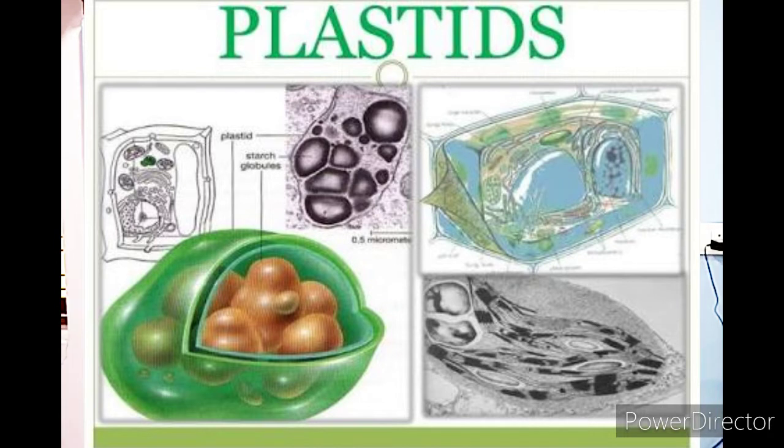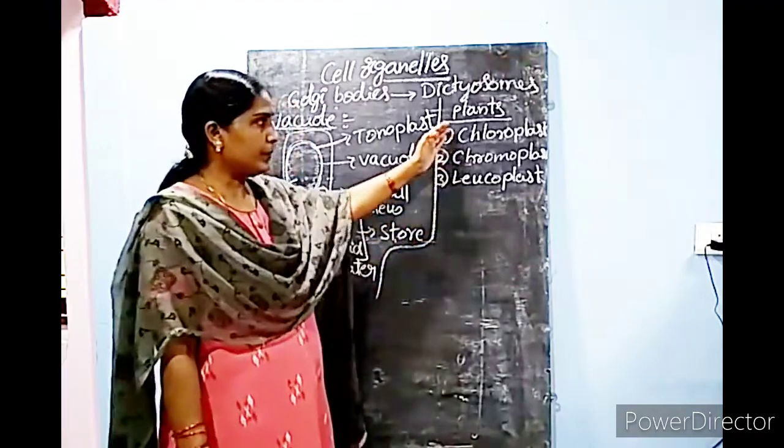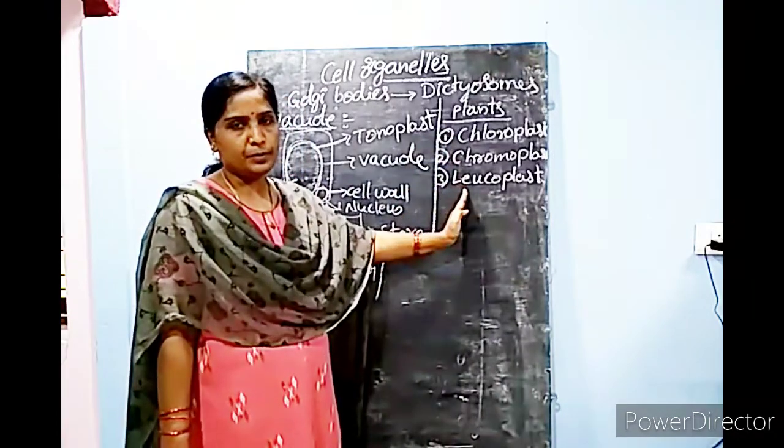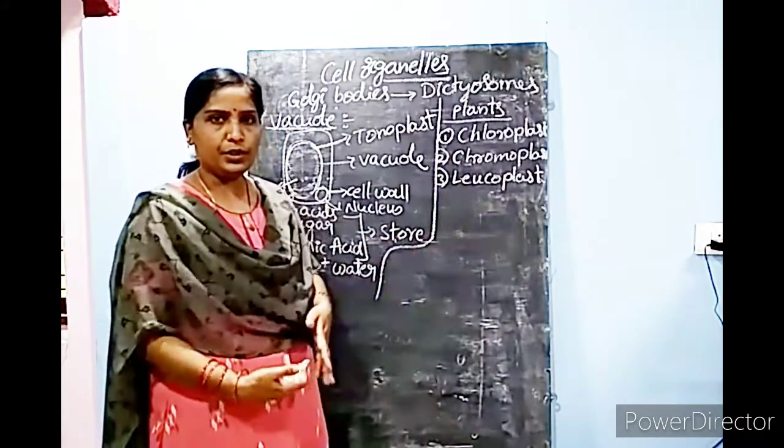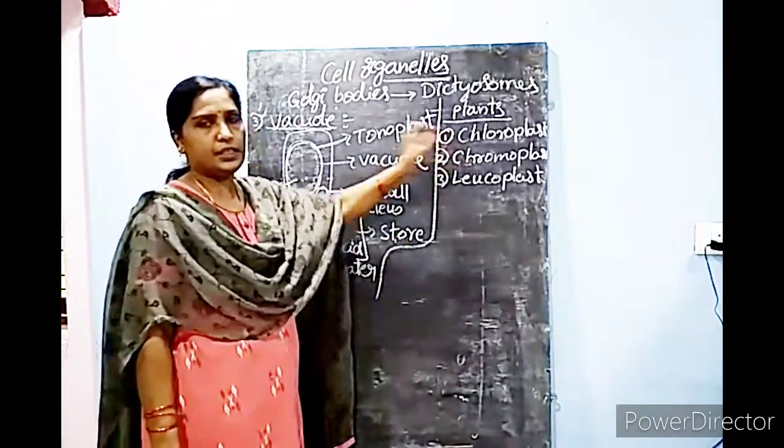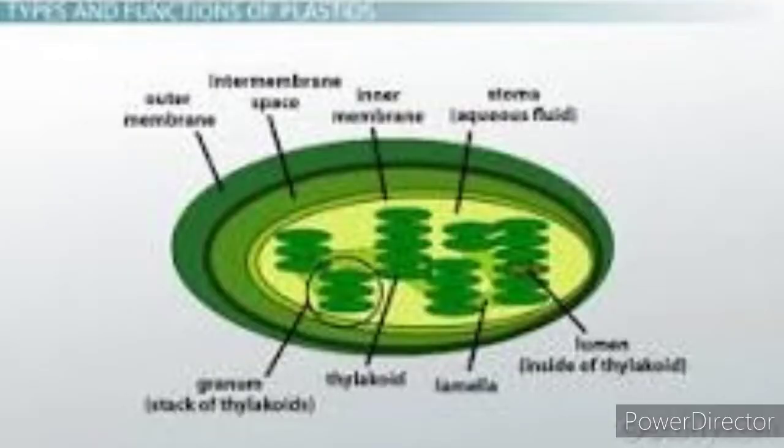So three types of plastids are present only in plant cells. Now we will see the structure of these plastids, how the plastids are and what purpose they help, we are going to discuss now. First, we'll see the first plastid, that is chloroplast.